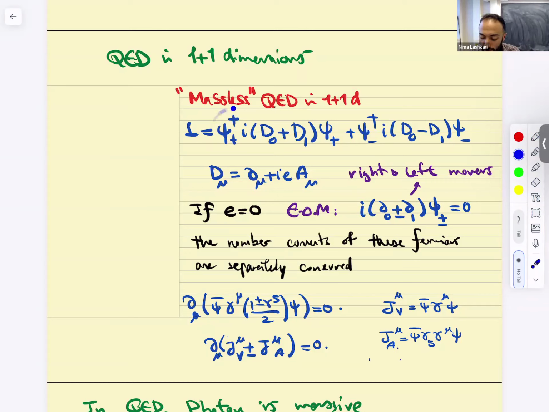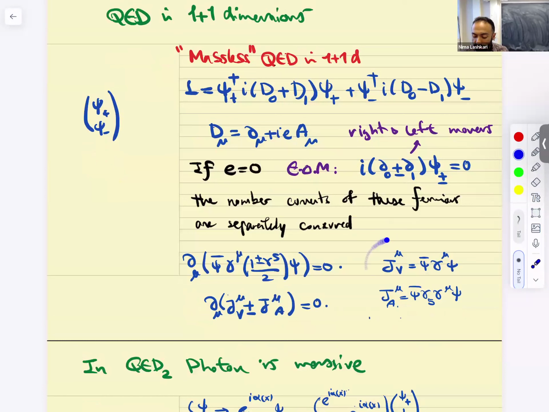So we split psi into psi plus and psi minus. Now the Lagrangian splits in the following way: psi plus, psi minus. These are left and right movers, and they decouple. If I set a mu equals 0, the covariant derivative becomes the regular derivative, so it's explicit that these are left and right movers.